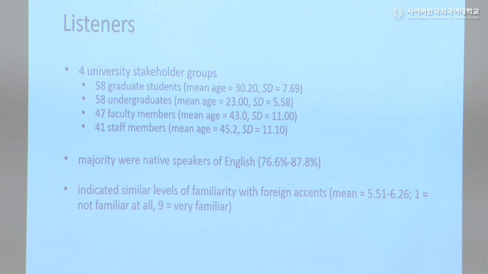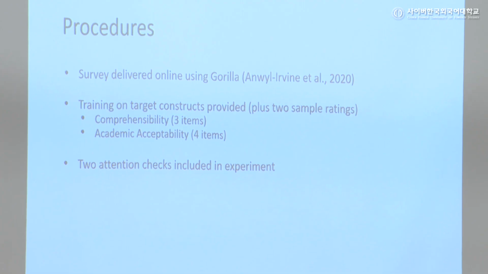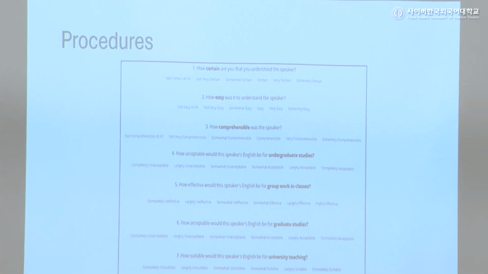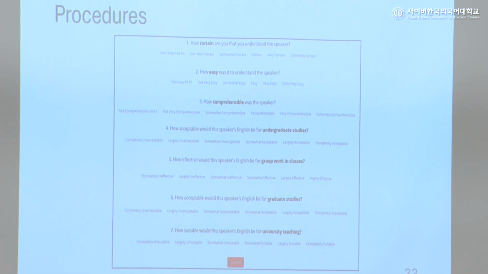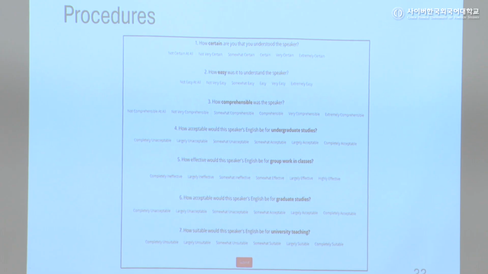They were not all native English speakers, and they had similar levels of familiarity with foreign accents. We let them listen to the speech that the test takers produced, and we asked them to rate it. How easy was it to understand? How acceptable would this speaker's English be for graduate study, undergraduate study, and so on? So we ended up with comprehensibility and acceptability for academic settings.